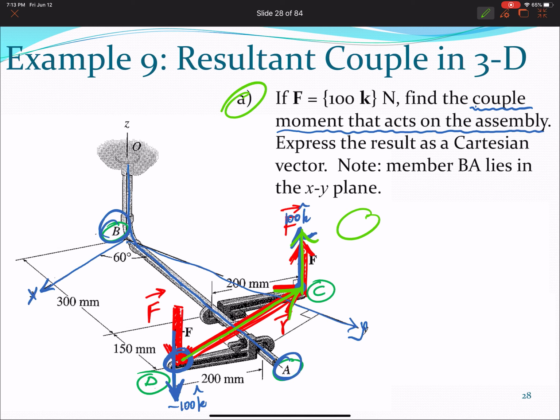So in order to do that, we have to find the coordinates of D, and we have to find the coordinates of C. That's all we need to do, because then we can find the position vector RDC. The moment is R cross F. R cross F, and that's all they are asking us to do.